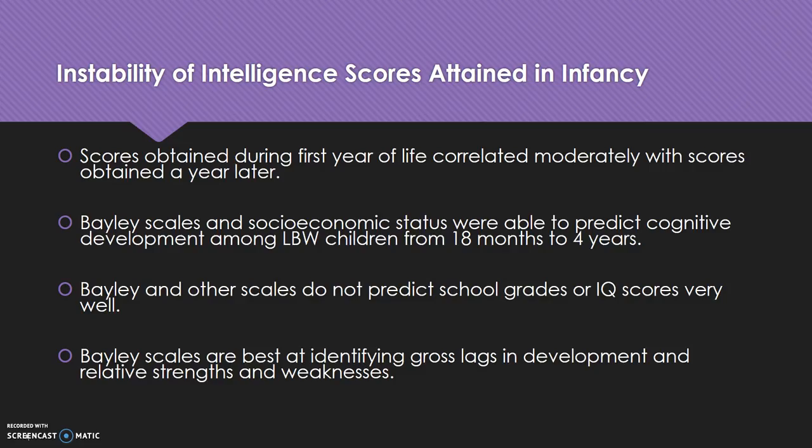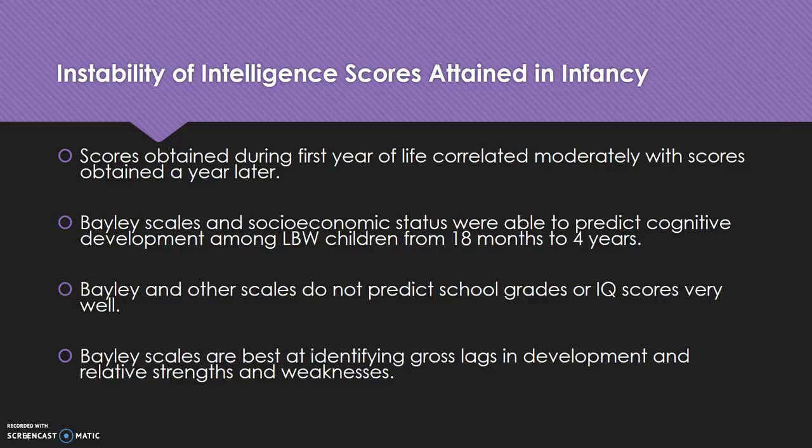Now, let's see what the Bayley tells us. If we look at the scores obtained from the Bayley scales during the first year of life, and compare them to scores a year later, they're moderately correlated. So not a direct one-to-one; they're kind of in the middle.